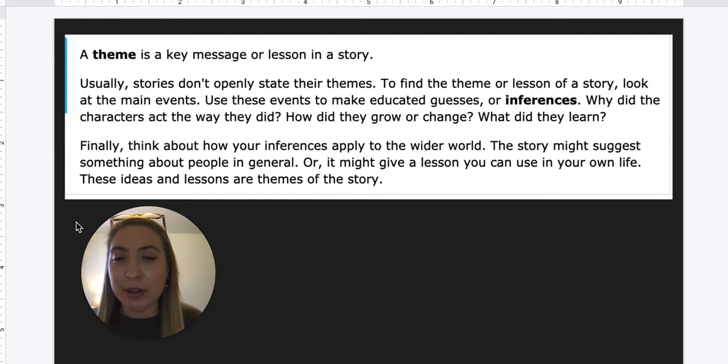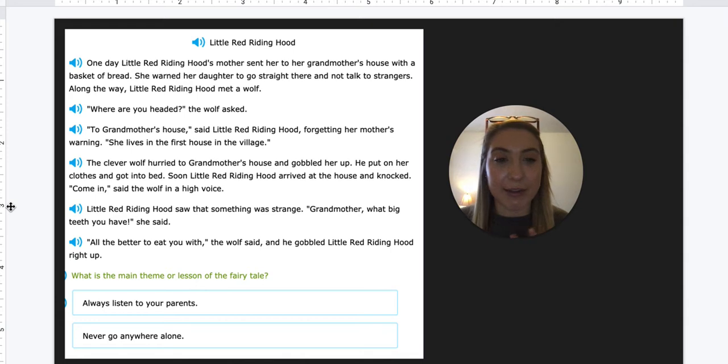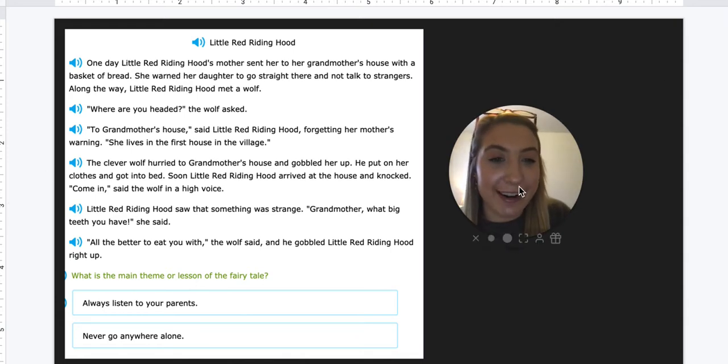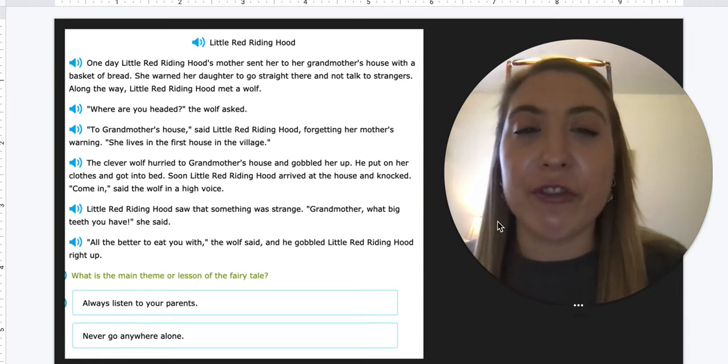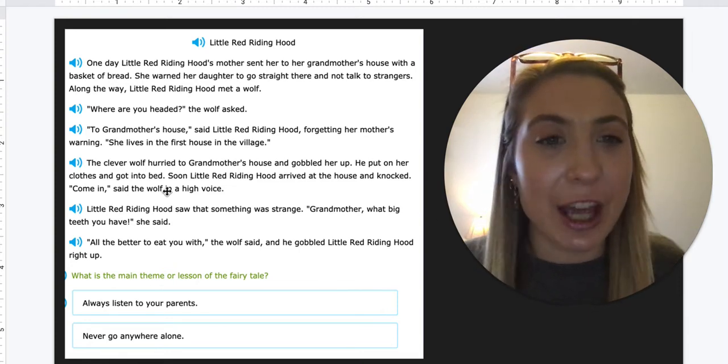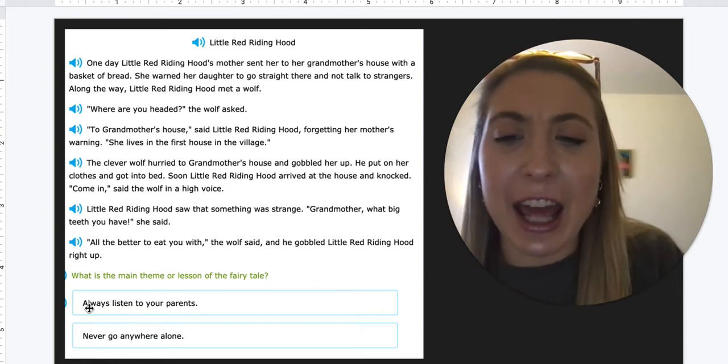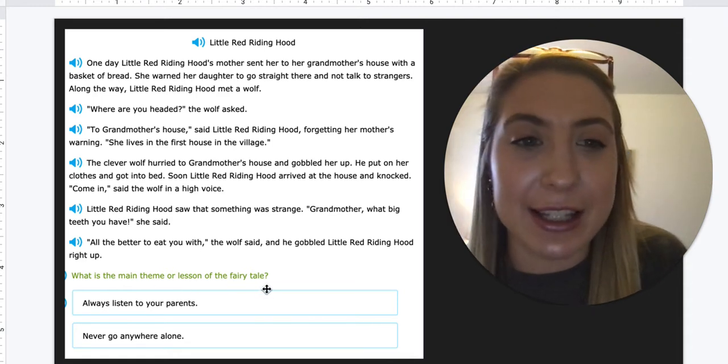The best way to do this is to do some examples, talk through it, and figure out the best way to find the theme of what we read. So we're going to be reading right now about Little Red Riding Hood. Let's see if I can make this bigger. The first thing I'm going to do, which usually helps me in reading, is look at the question: what is the main theme or lesson of the fairy tale?